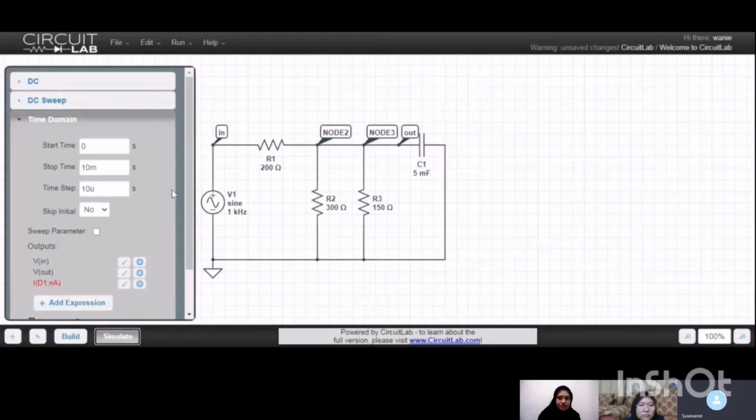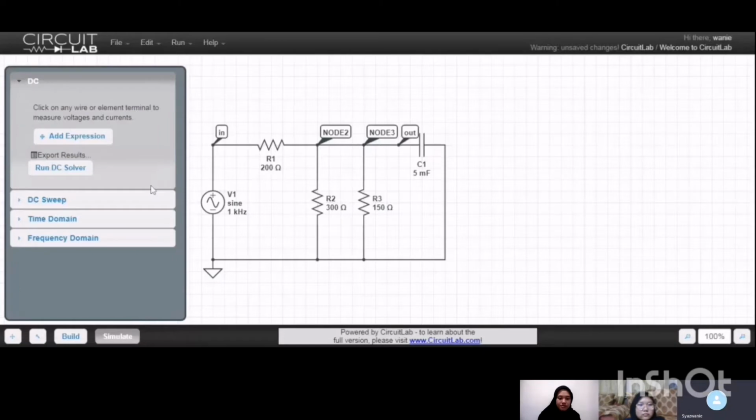When we simulate it, we go to the DC and run the DC circuit. When we run, we have to determine the voltage of each of the resistors.